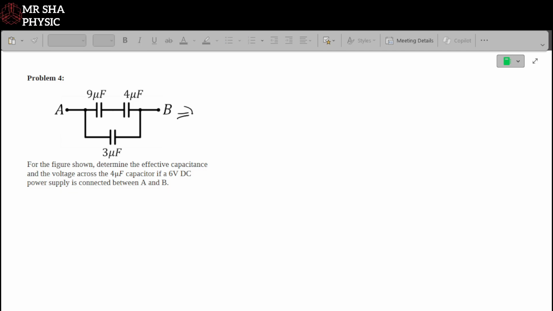So what I want to do is simplify this circuit. If I simplify the circuit, I can have 2 capacitors in parallel instead. So let's call this combination C9,4, right? Then I have 3 microfarad here. And this seems to be much easier to solve because this would be in parallel. So let's look at 9 and 4.